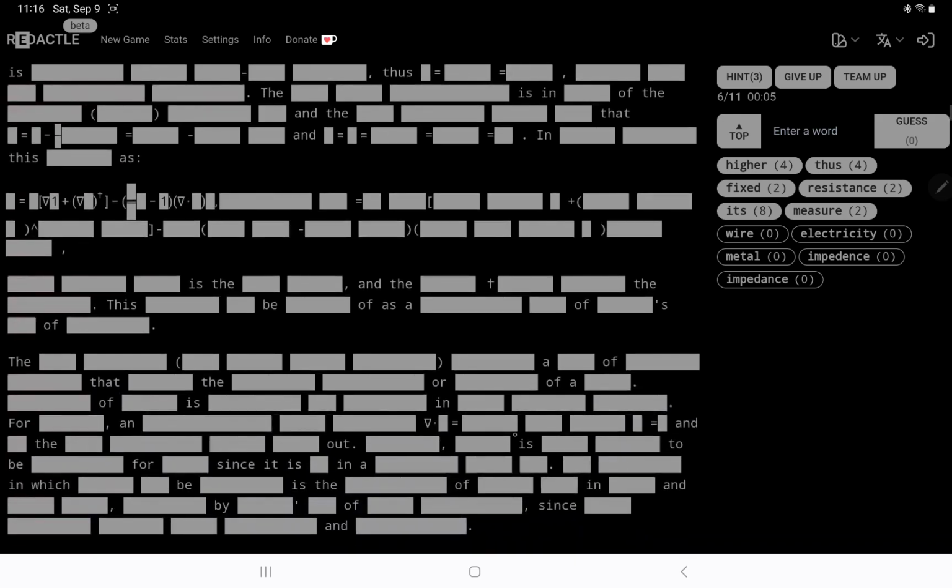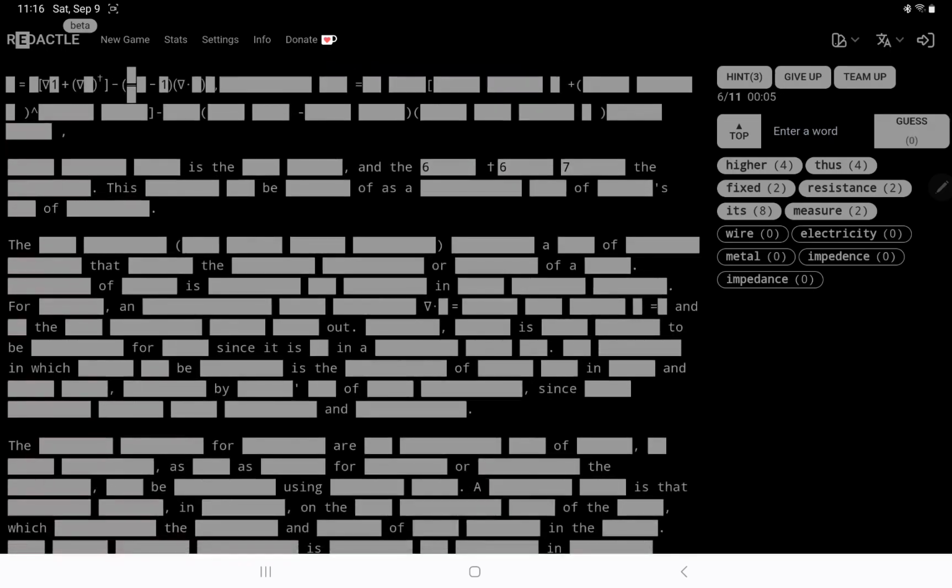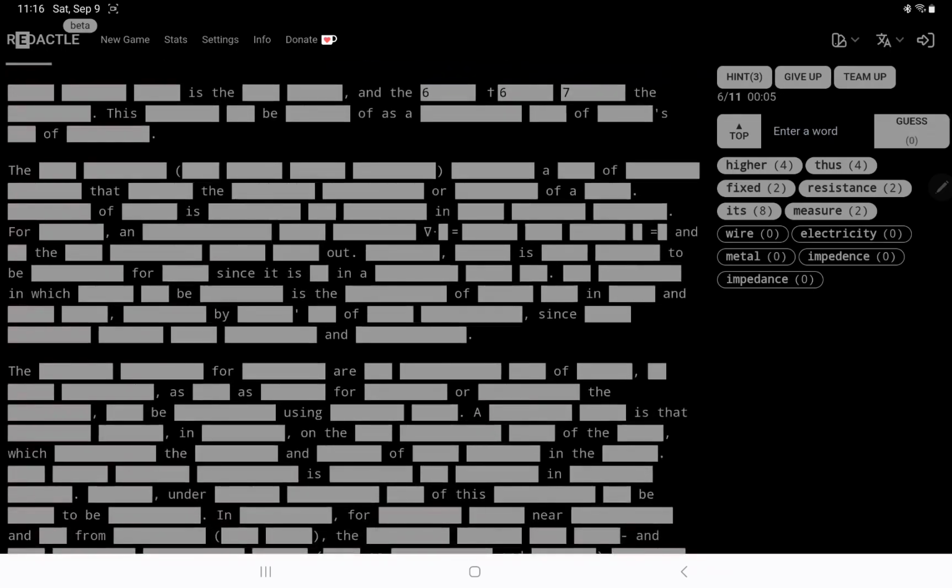Is that a chemical element? That's funny. We have one, and then we have four subscripts. And that's a delta, right? Uppercase. And then we have a cross. Didn't we see that before with species?